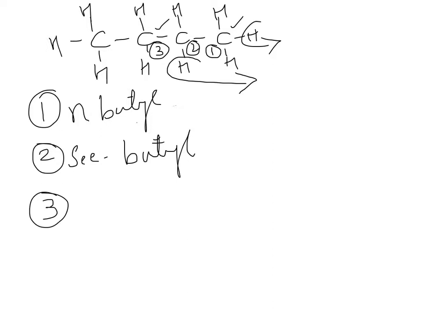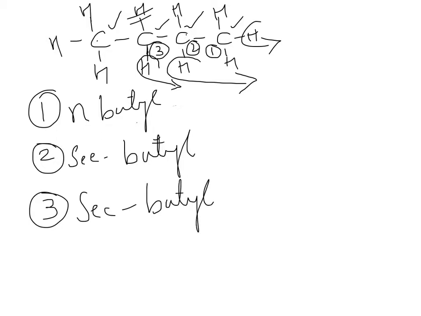Whichever hydrogen you remove, you will result in a carbon that has a free position, and that carbon is bound to two other carbons, this one and this one. That also results in a secondary butyl.